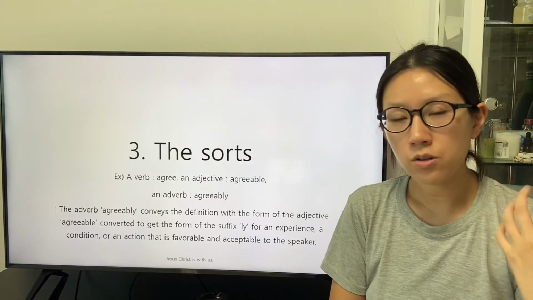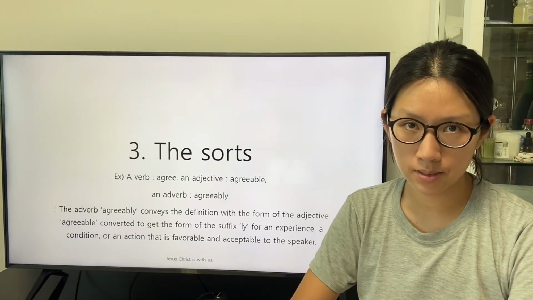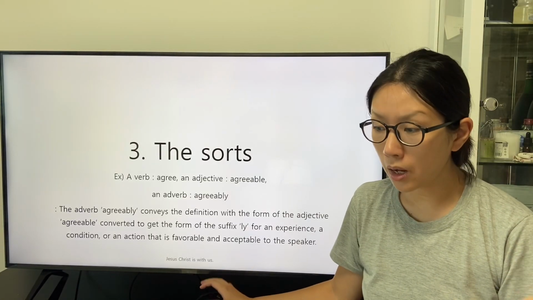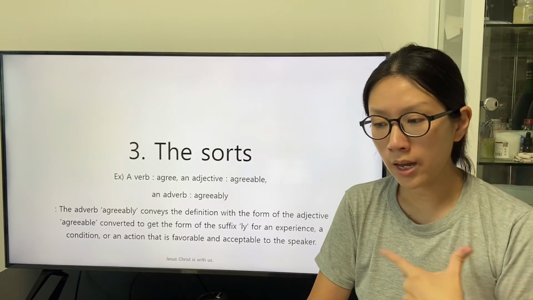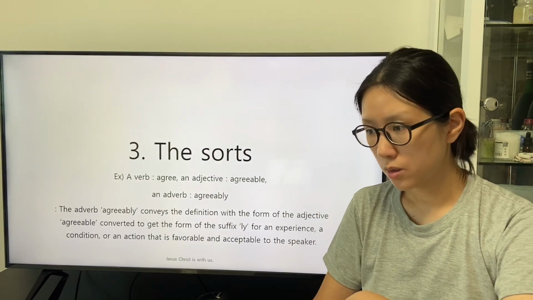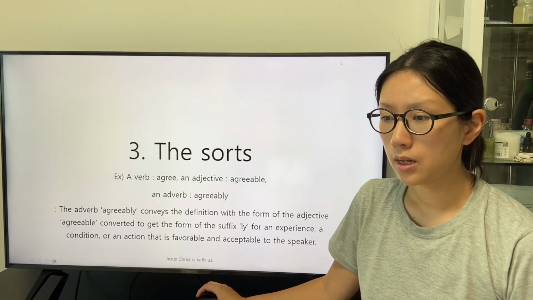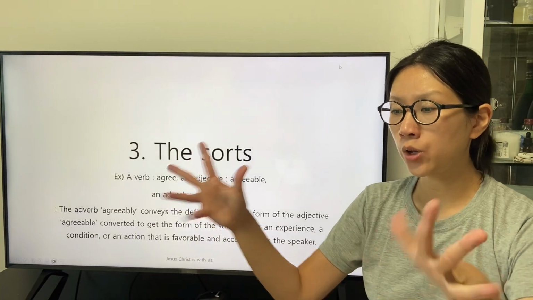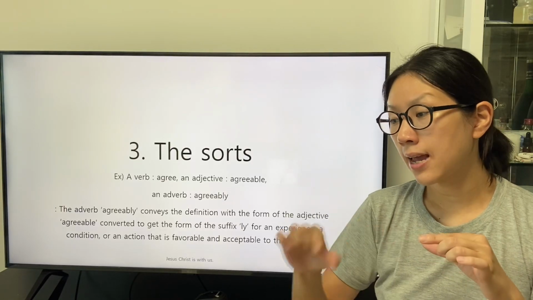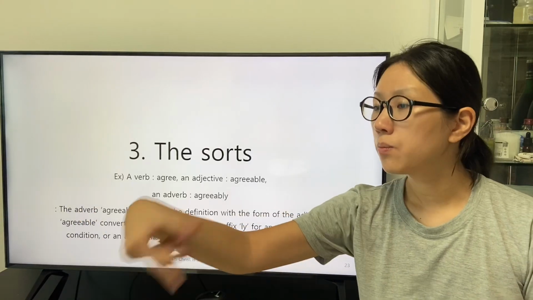Because the adjective with the suffix ly exists. The adjective friendly is the example. But still, we can identify an adverb with the suffix ly, whose definition can be understood and interpreted in the extended specification for the other description.